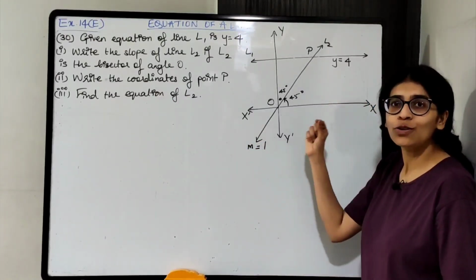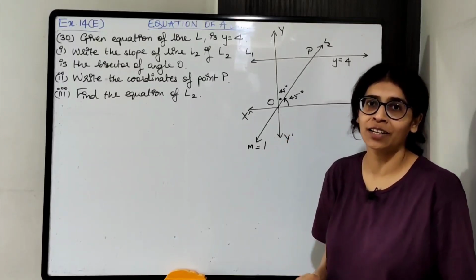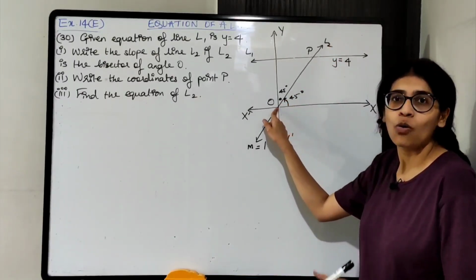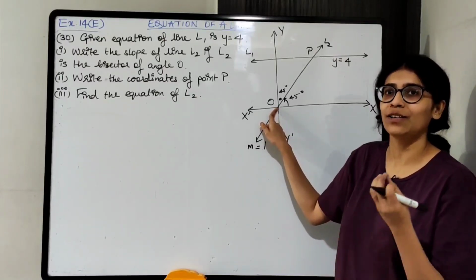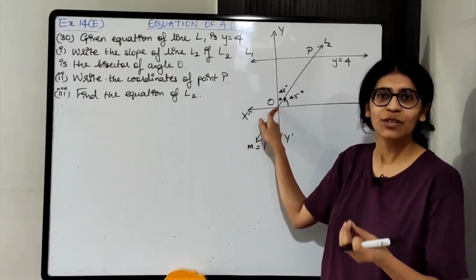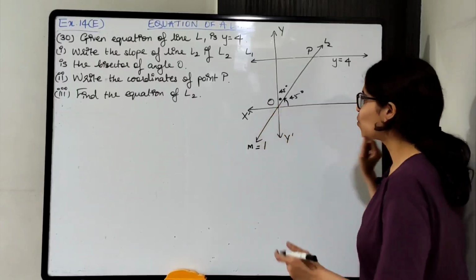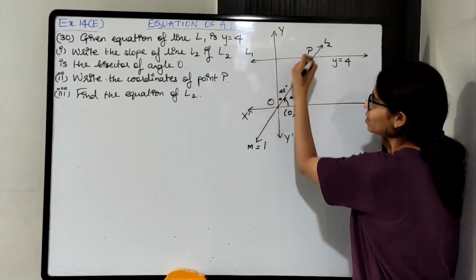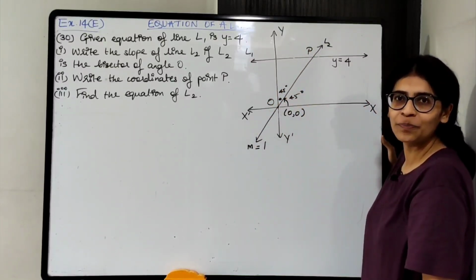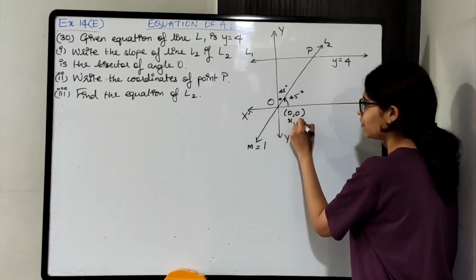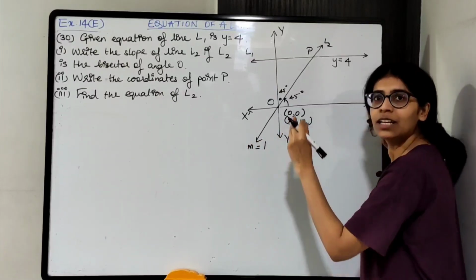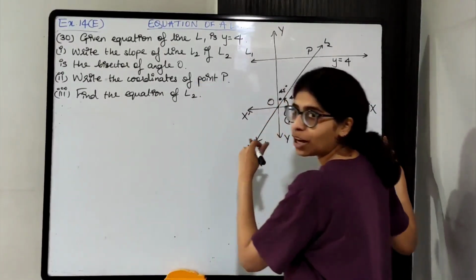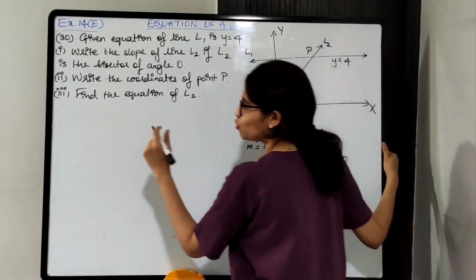We also know the coordinates of one point which is lying on the line. L2 is passing through O, the origin, and what are the coordinates of the origin? 0, 0. So we know the coordinates of one point which is lying on the line L2. We have x1, y1, we have m. Let's frame the equation of the line L2. So before that you have to write down that L2 is passing through the origin.